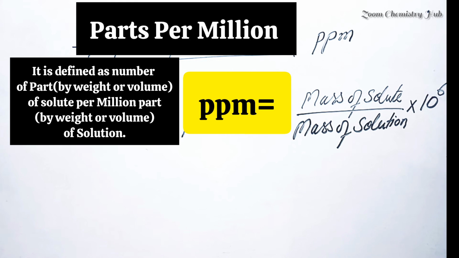And this unit of concentration is used when the concentration of solution is very low, that is the amount of impurities of various substances in water. Similarly, if we want to express the amount of pollutant gas in the air, then ppm is used.